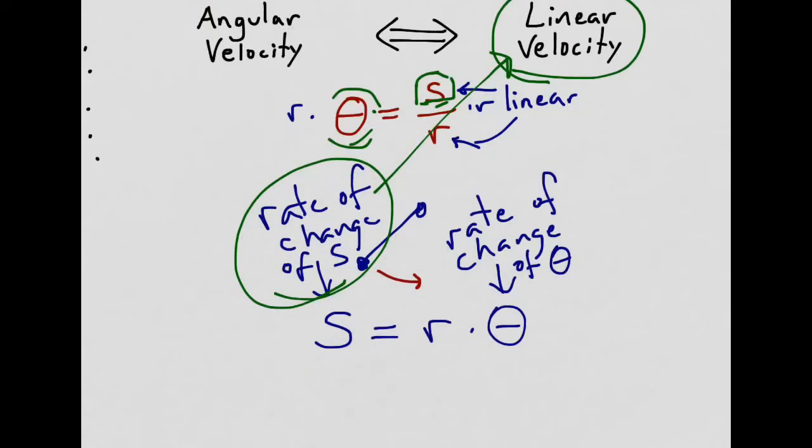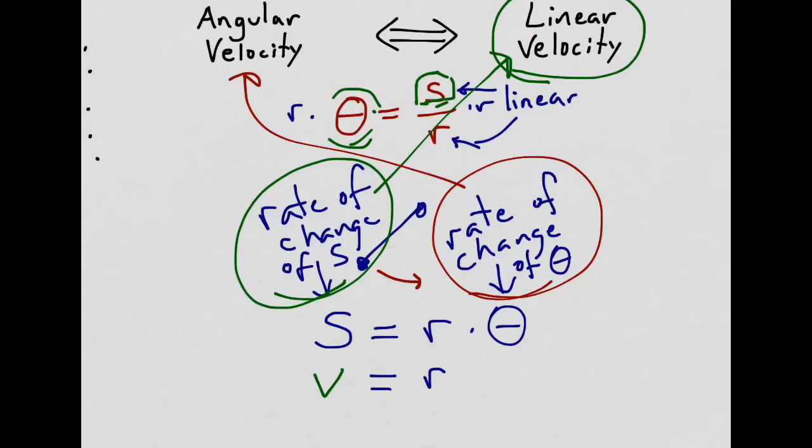And we're going to describe that with the symbol v for velocity. On the other hand, theta, the angle measure, the change in theta relates to angular velocity. And angular velocity is described with the Greek letter omega, which looks a little like a curly W.